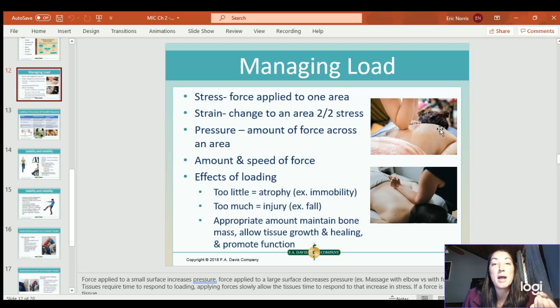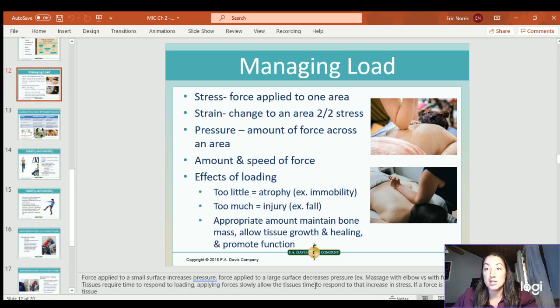So think of a power lifter. If he just lifted the weights really slowly, he may not be able to get them up, but his body has time to react. If he does a clean and jerk, a really quick movement, then he's much more likely to get injured because his body does not have time to react to that change.